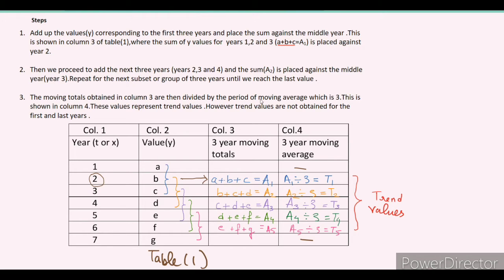Next you move to the next 3 years, 2, 3, 4. You add them up, and the middle year is 3, so the total is placed against it.